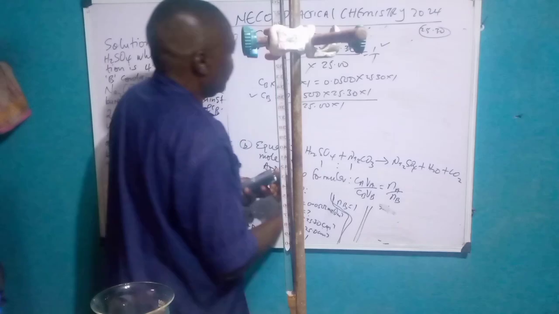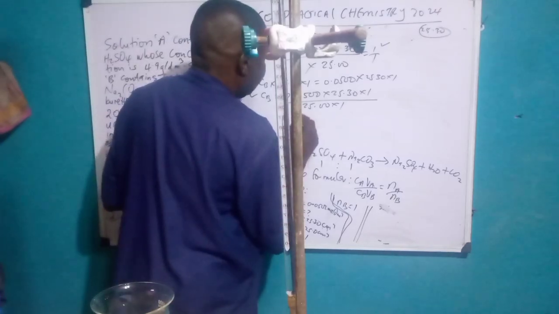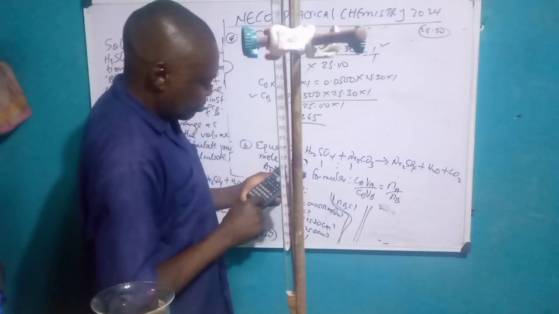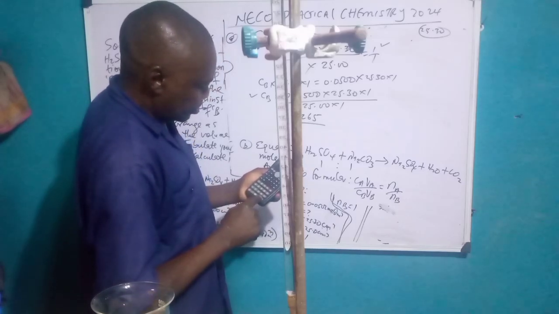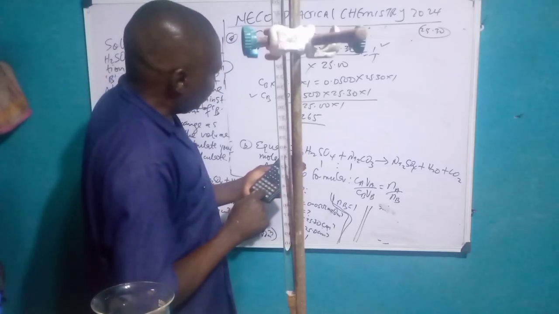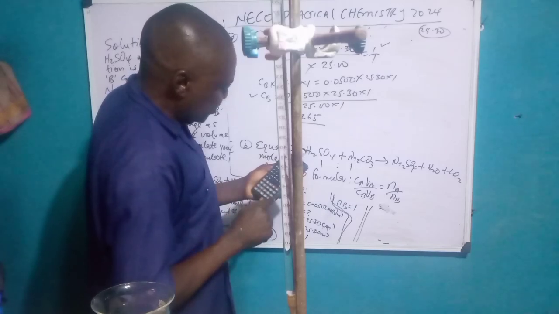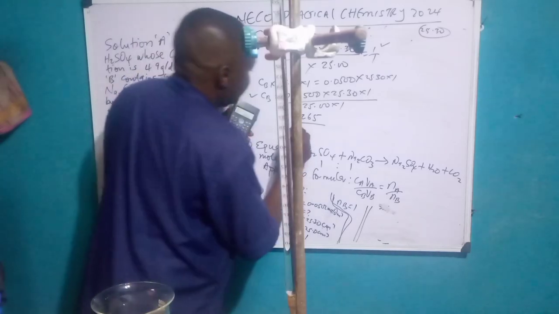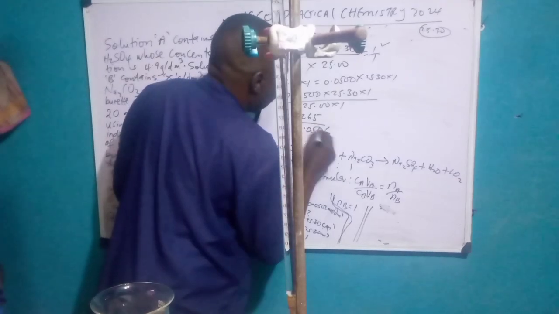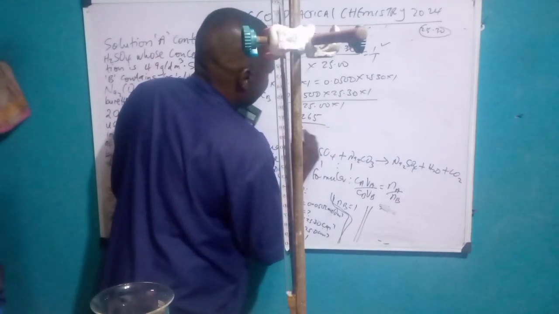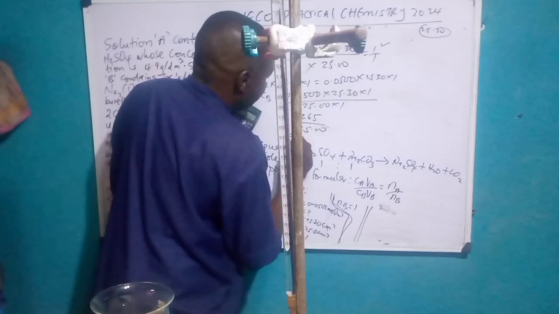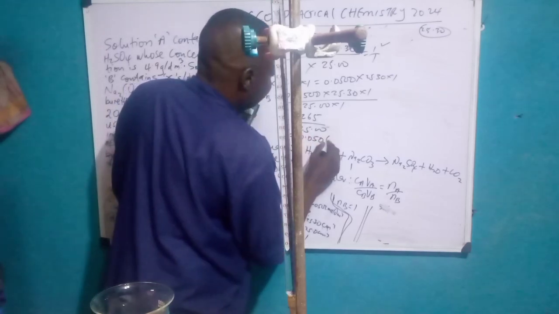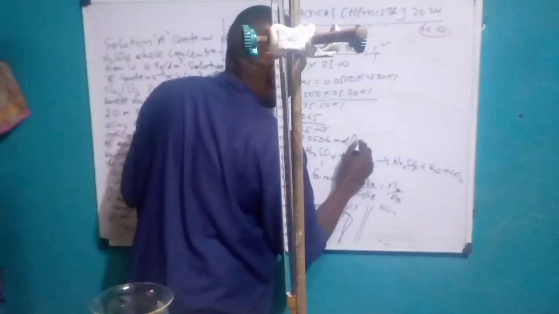1.265 over 25.00, divide by 25, gives you 0.0506. 0.0506 mole per dm cube.